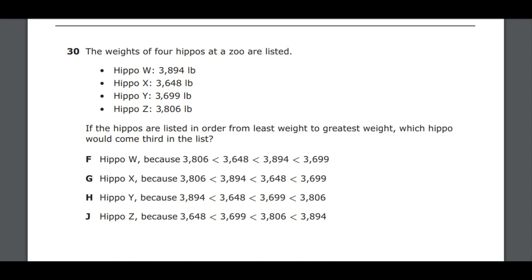Letter H, Hippo Y, because 3,894 is less than 3,648 is less than 3,699 is less than 3,806. J, Hippo Z, because 3,648 is less than 3,699 less than 3,806 less than 3,894.